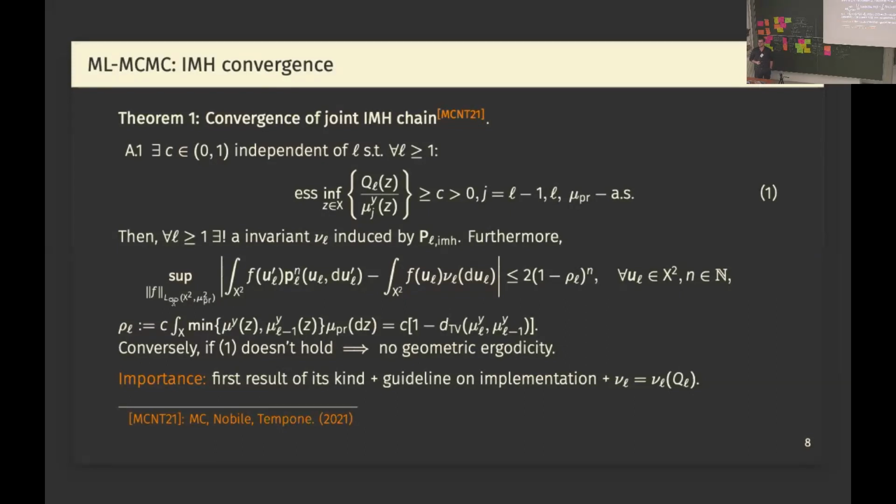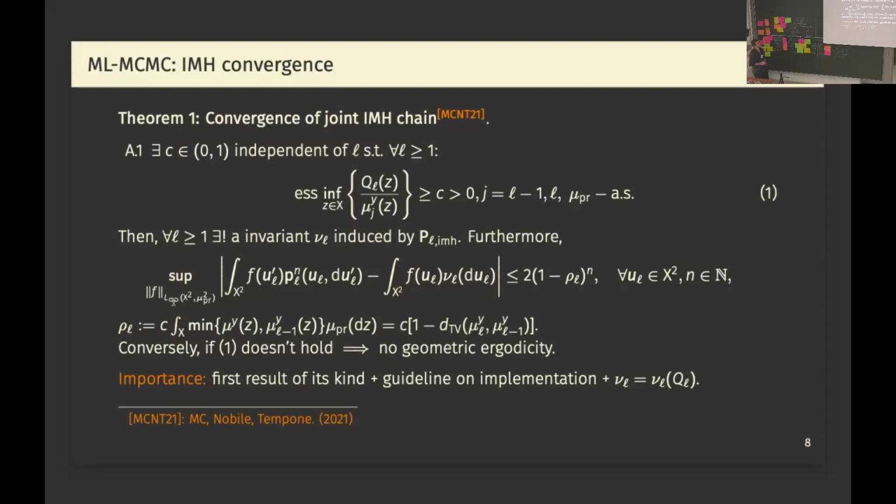F is an element of X squared, yeah? What is X squared? It is the Cartesian product of the parameter space with itself. F has only one argument in the integrand, so what does it mean? Yeah, I should mention that.